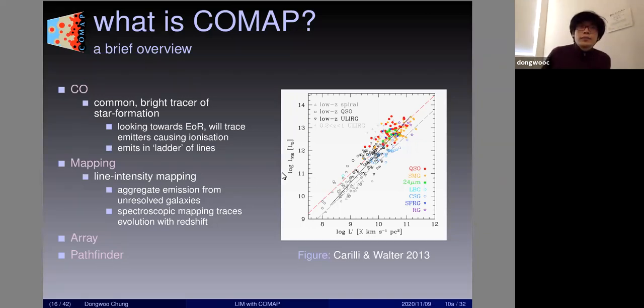Now, it would be nice to say we're just going to build an experiment to immediately go after the epoch of reionization CO signal. But there are a lot of uncertainties around this signal at high redshift. We don't know how dusty the early universe is, so we don't know how well shielded the CO is going to be. We have incomplete knowledge about other processes like CMB heating, dust temperature and so forth.